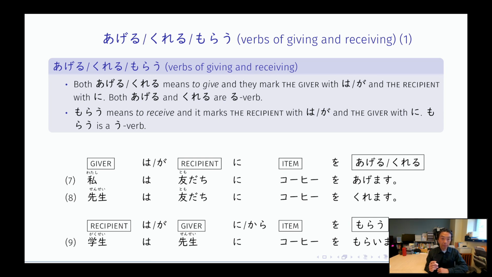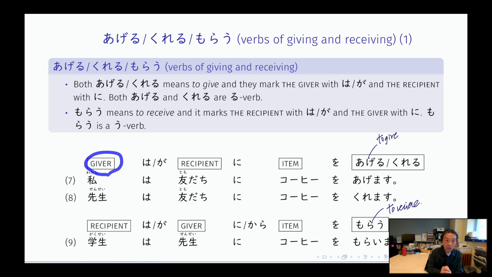Okay, so ageru, kureru is something close to give, and we'll talk about why we have two different words for to give, but for now this is just to give, and morau is to receive.